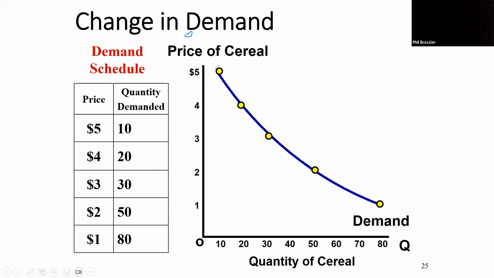Say you're at $5, you would have been selling 10 boxes of cereal. At $4, you're selling 20. But the curve doesn't shift. Quantity demanded changes.